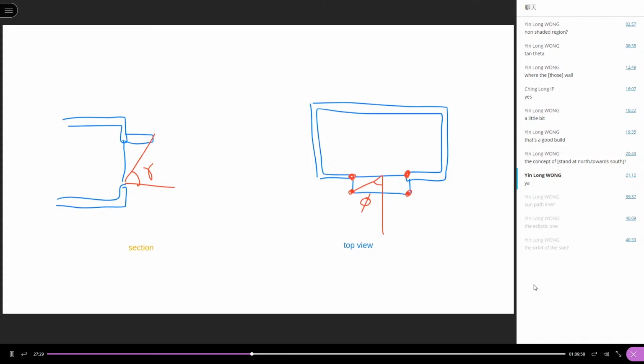For these 4 points, find out the azimuth angle and also the altitude angle. For this point, the azimuth must be 90 degrees. Considering maybe the middle of the windowsill point, you calculate the altitude angle and the azimuth angle, and then plot them onto the sun path diagram.